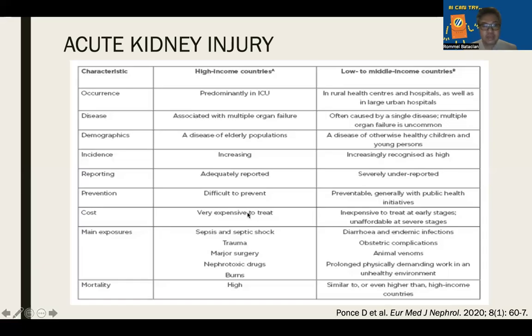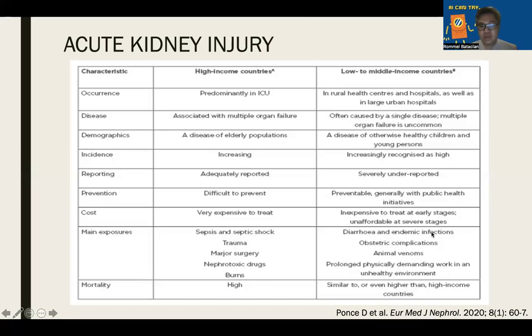Well, it's still expensive to treat because sometimes you would need dialysis or renal replacement therapy. For low to middle income countries, I don't believe it's inexpensive. It's also very expensive, even if dialysis is not required. Main exposures, again: sepsis, primarily from pneumonia, trauma, major surgery, nephrotoxic drugs, and burns.